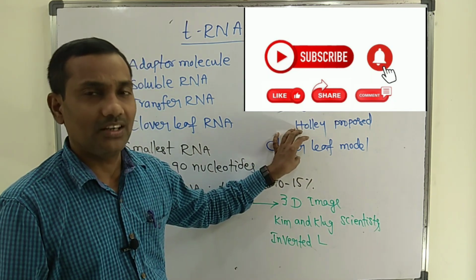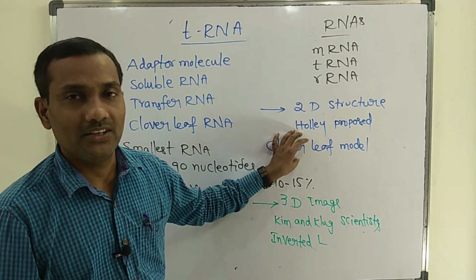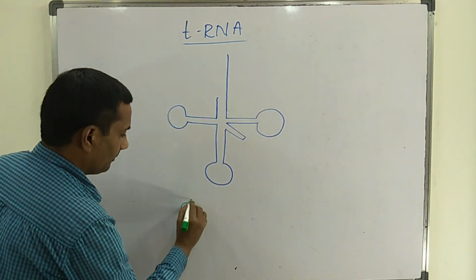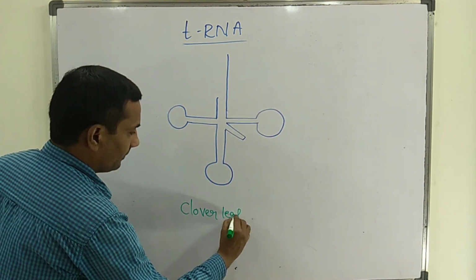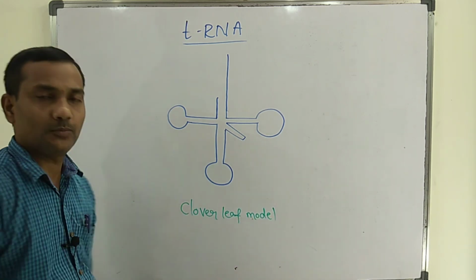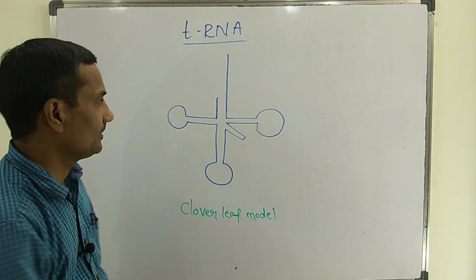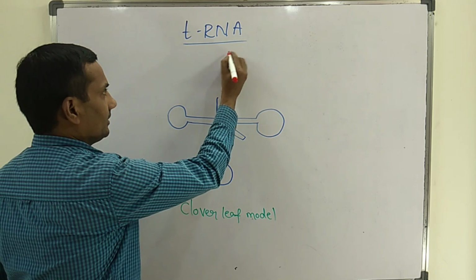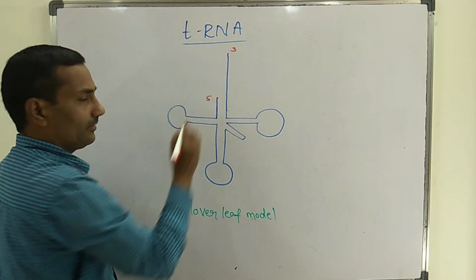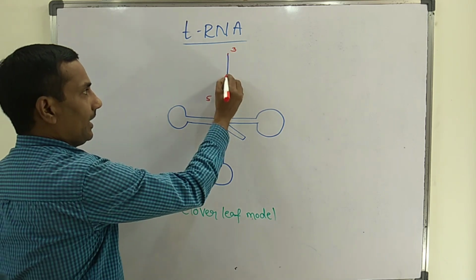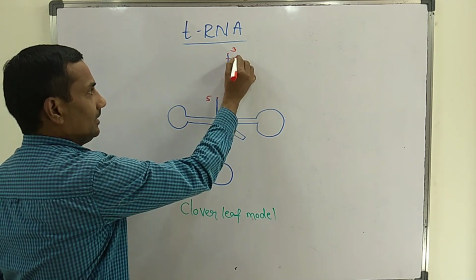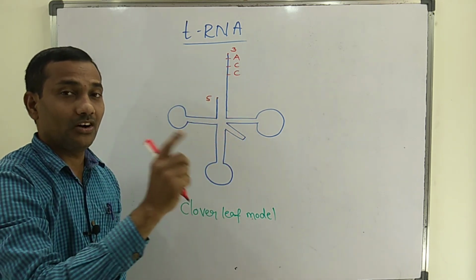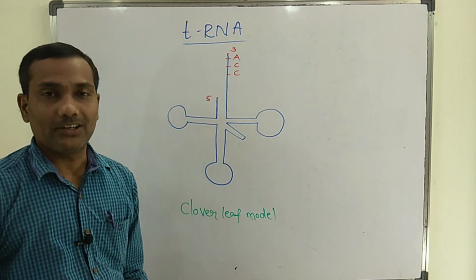Here we will discuss detailed information about the cloverleaf model proposed by Holley. According to this model, the tRNA has a 5' end and a 3' end. At the 3' end there are unpaired nucleotides, opposite which we can't find complementary nitrogen bases.